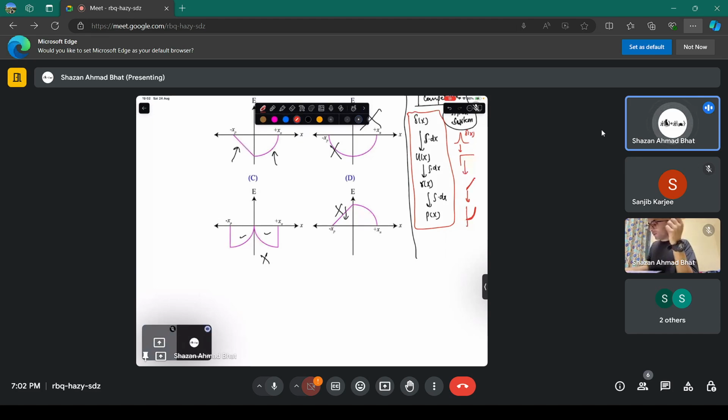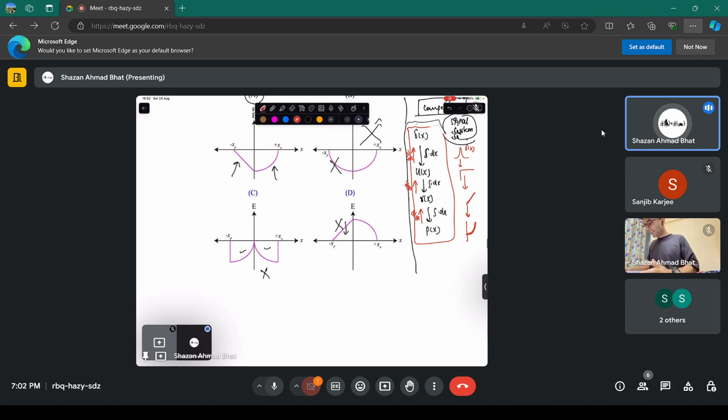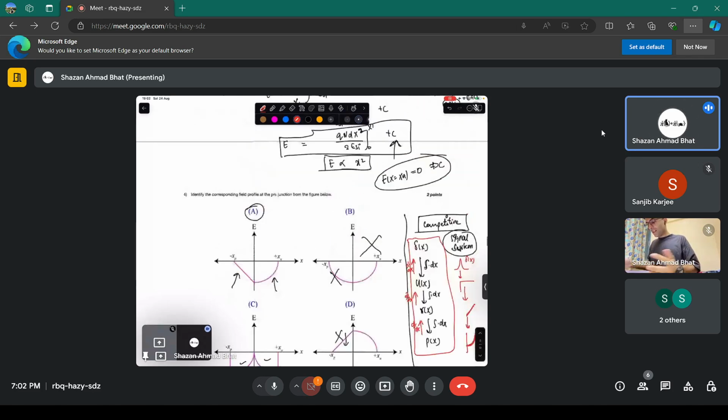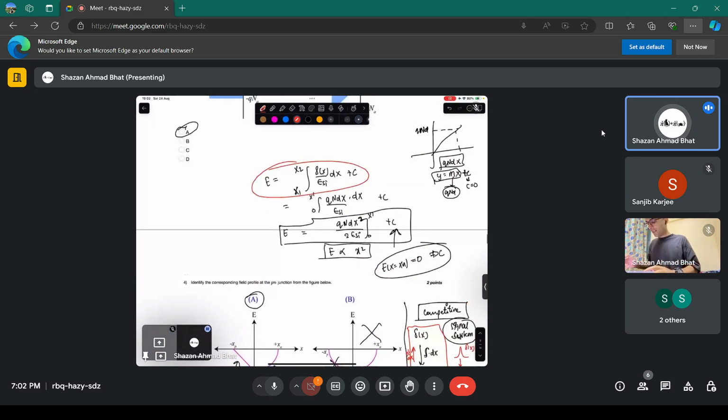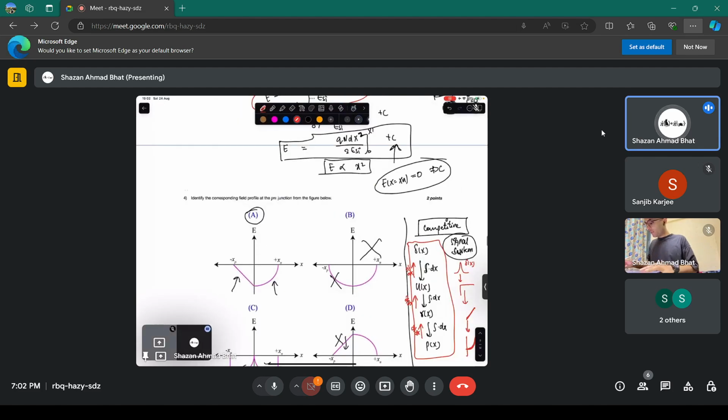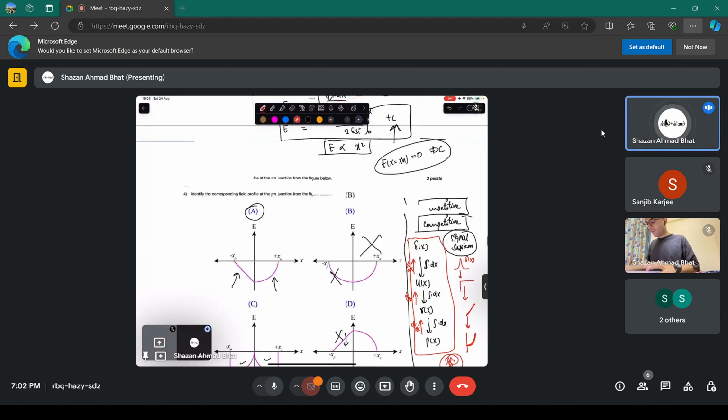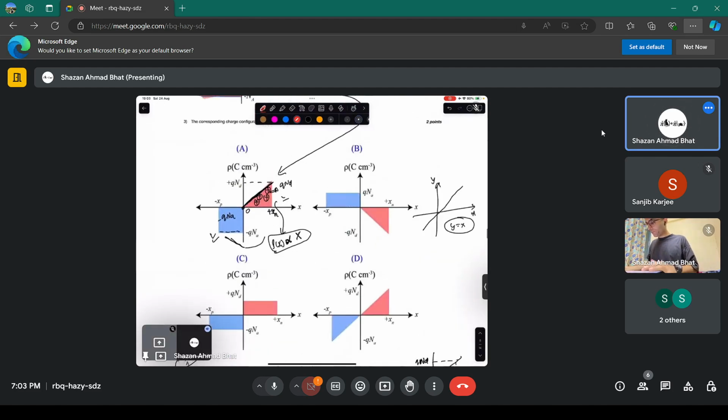Now it's up to you what functions you take, but these are the mostly used functions. If you go the reverse way, you have to differentiate with respect to x, again and again. That's how I used to save time in these questions, but it just comes from doing the simple integrals. These are the mostly given questions in competitive examinations.